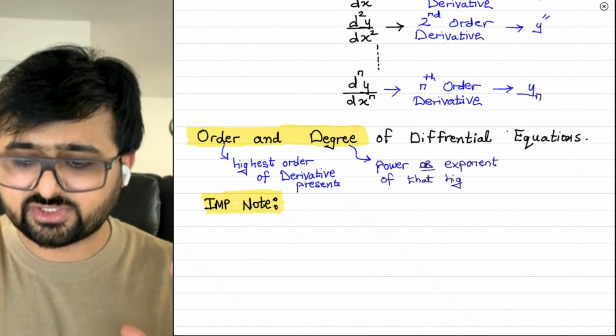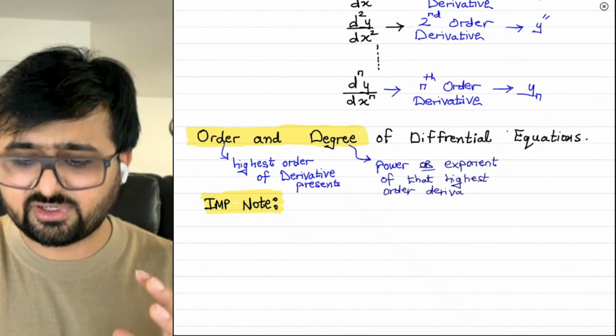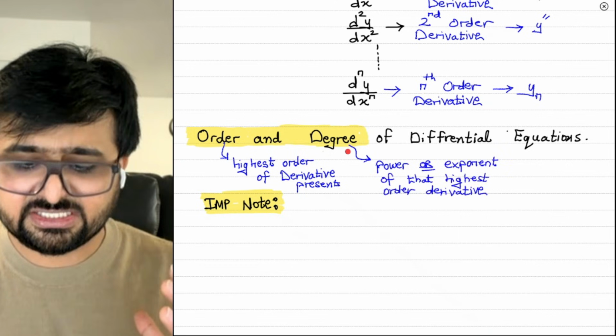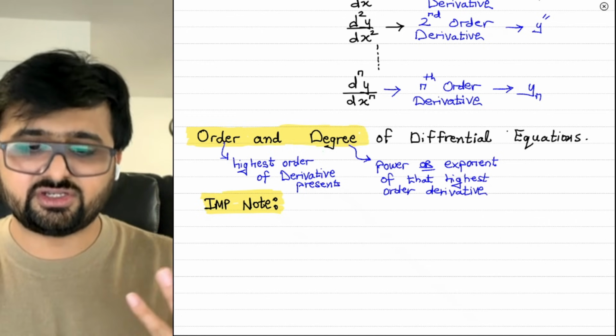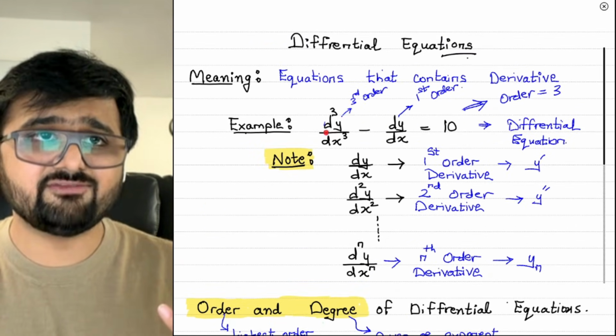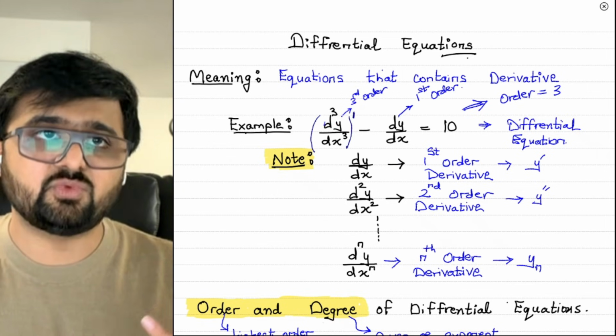This is very important: of that highest order derivative. Let's look at the same example to understand. In this example, for this d3y by dx cube, the power or exponent of this is 1.